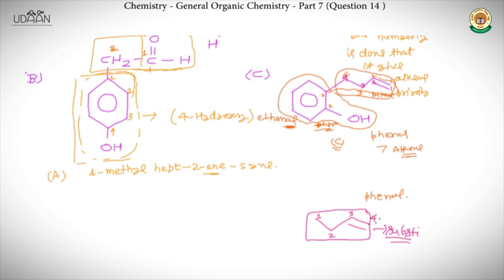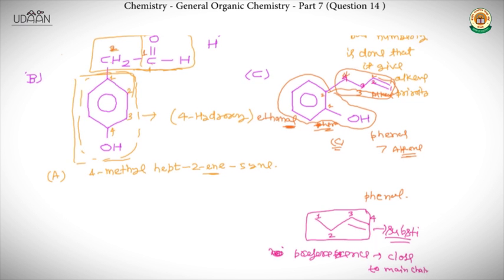This is the main point, because the minimum preference will be given to the carbon closest to the main ring, the main chain, what we call.